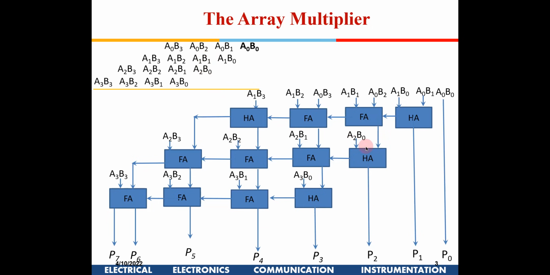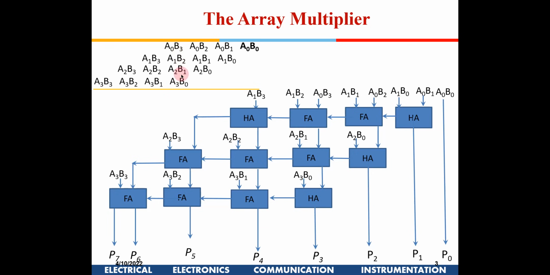There are only 2 bits to be added. So I have used a half adder here, and then the next partial product comes down. Now there could be a carry from here as well, so they are propagated horizontally here. And then you have one more full adder. Here there are 4 bits.